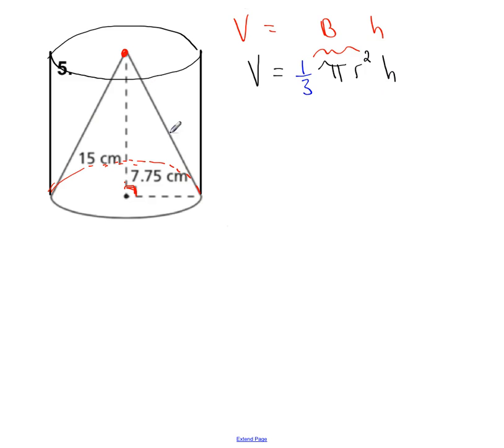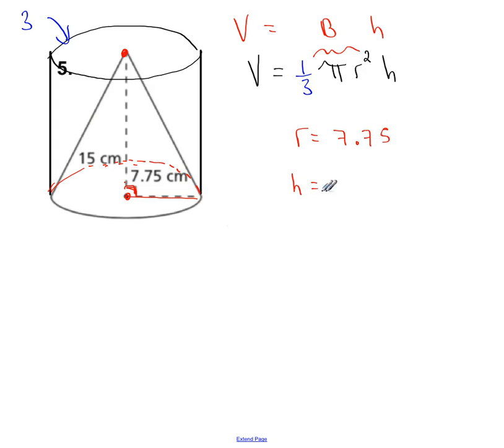So that means if you take these cones of the same radius and the same height of the cylinder, fill it up with water, pour it in here, you'll need 3 of them to fill up the cylinder. Okay. We have a radius, we have a height that's already given. The radius is from here to here, so the radius is 7.75.